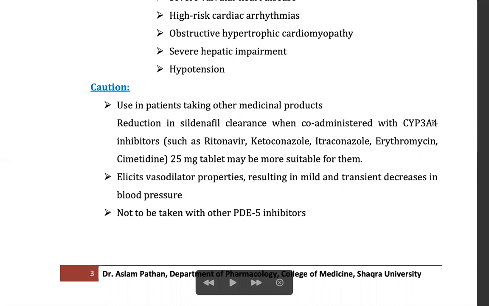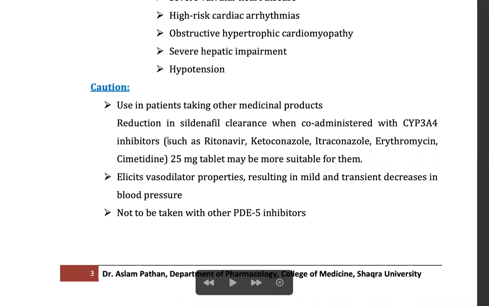If we use other medication which inhibits cytochrome P3A4 metabolism, we can say inhibitors of cytochrome P3A4. Examples: ritonavir, an antiviral drug; ketoconazole and itraconazole, antifungal drugs; erythromycin, an antibacterial; and cimetidine, used in the management of hyperacidity.